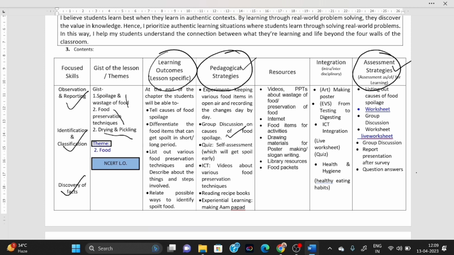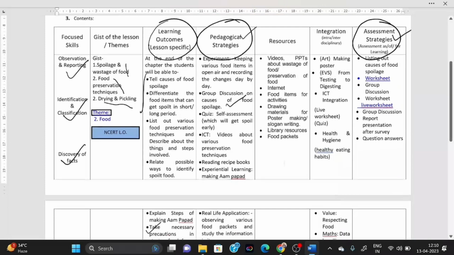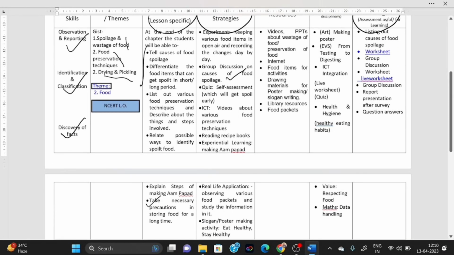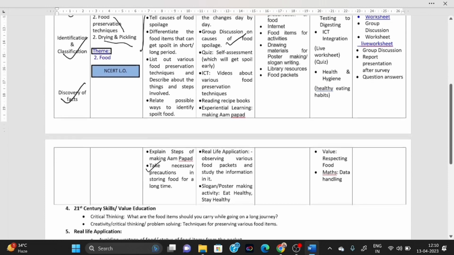All these three activities are planned to achieve particular learning outcomes, like the causes of food spoilage, and differentiating the food items that can spoil in a short and long period. Next pedagogical strategy, ICT. We can show a video about various food preservation techniques, then reading recipe books to prepare various kinds of food items.